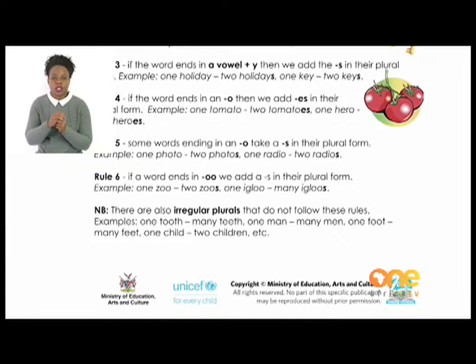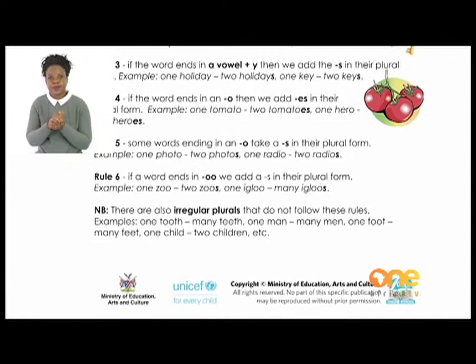For example, zoo, two zoos. One igloo, many igloos. These nouns are ending with double O, then we are just adding S as the plural.